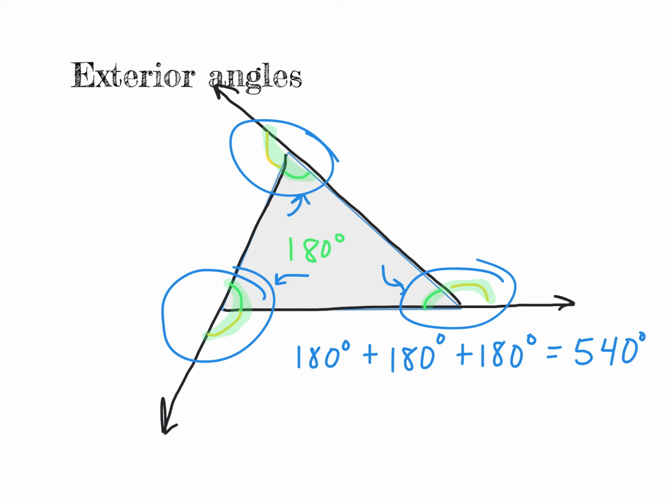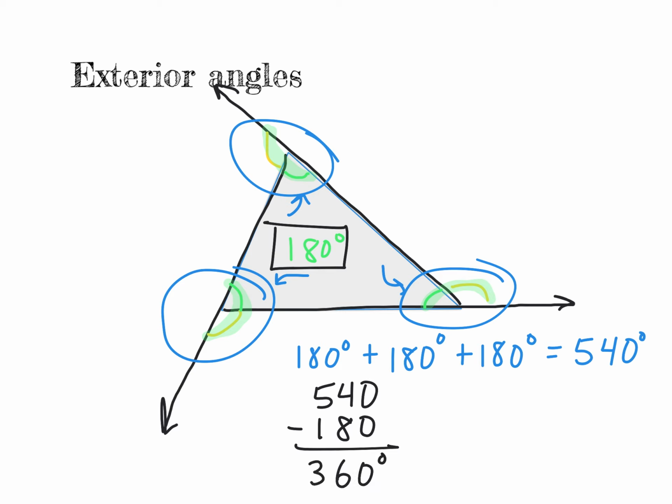Well, even though we don't know the individual size of each angle in this diagram, we do know that the total angle sum for all 3 of them is 180 degrees, which means if we take the 540 that we had for all 3 pairs, we could simply take away all of the interior angles by subtracting 180 degrees, which leaves us with a grand total of 360 degrees.